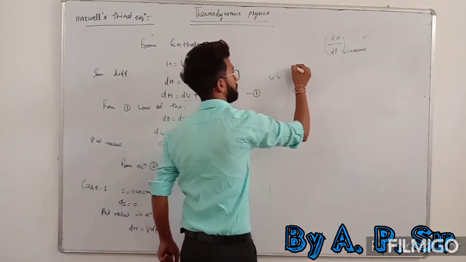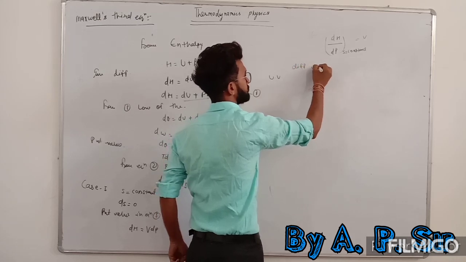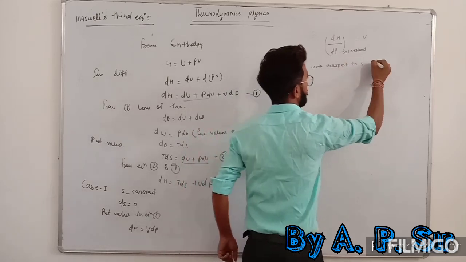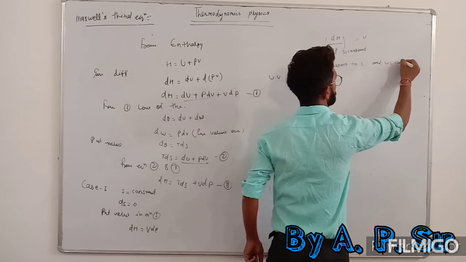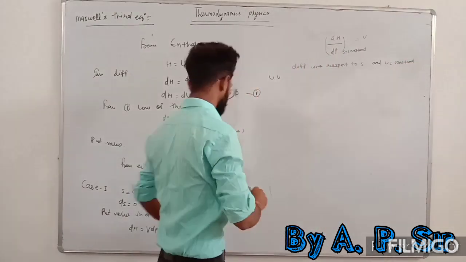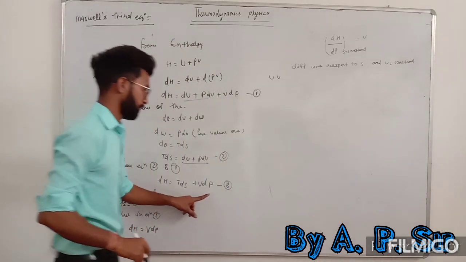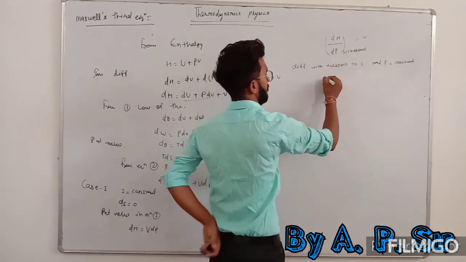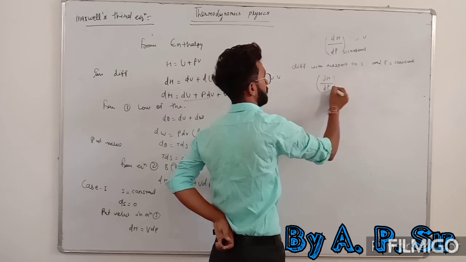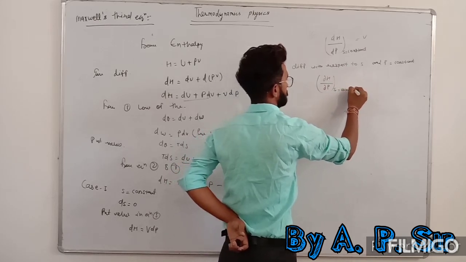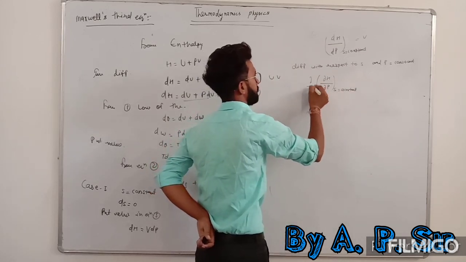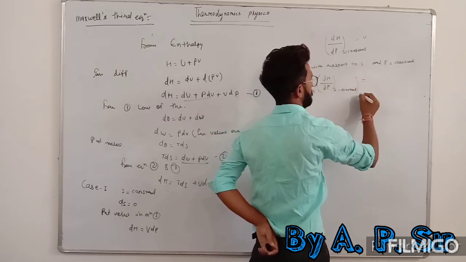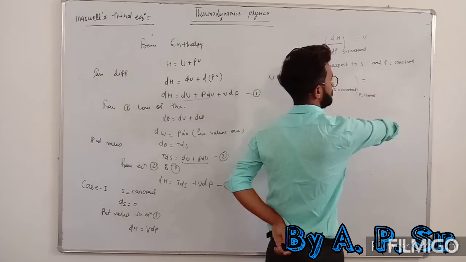Then differentiation with respect to S. Sorry, there P equals constant, not V. Then del H upon del P at S equals constant, and del upon del S at P equals constant. Pressure will be constant.